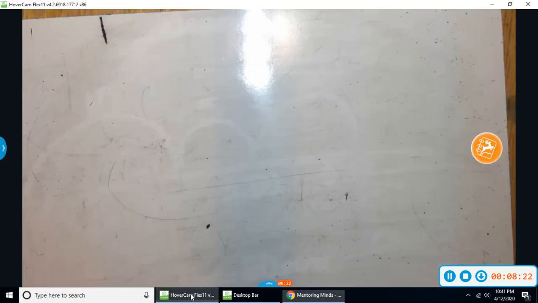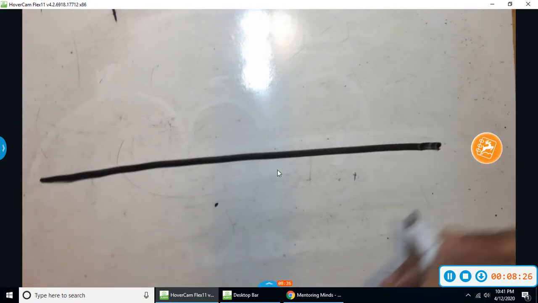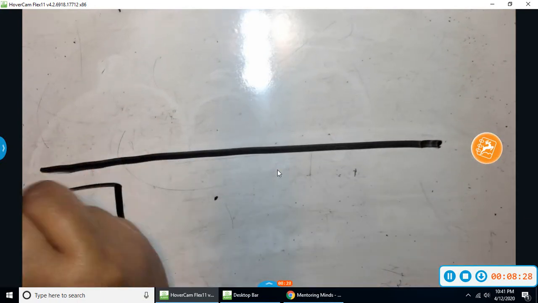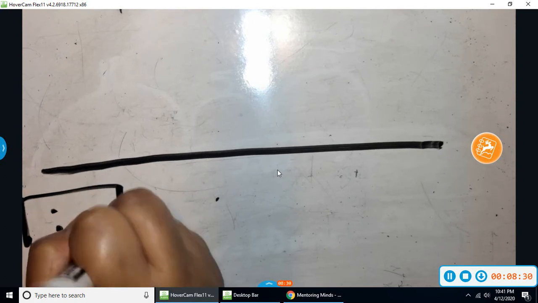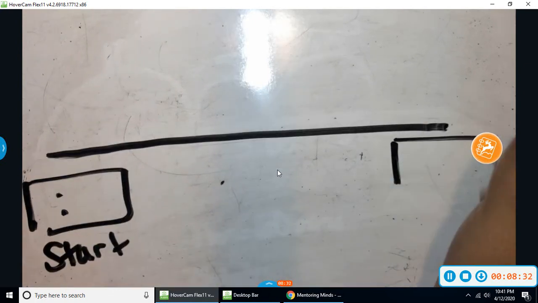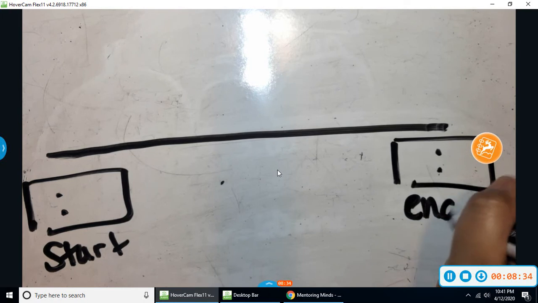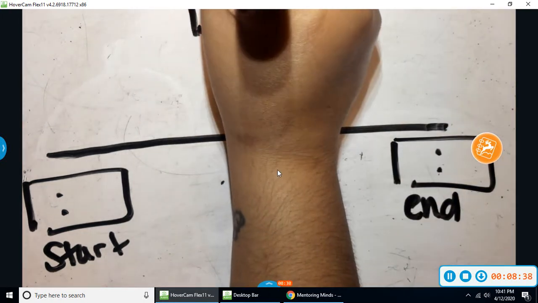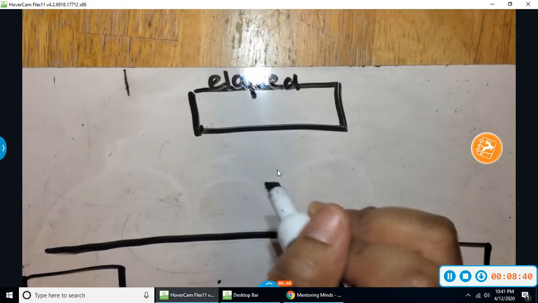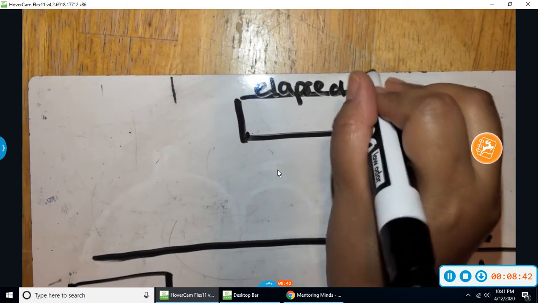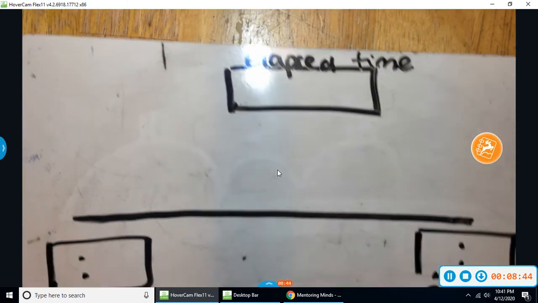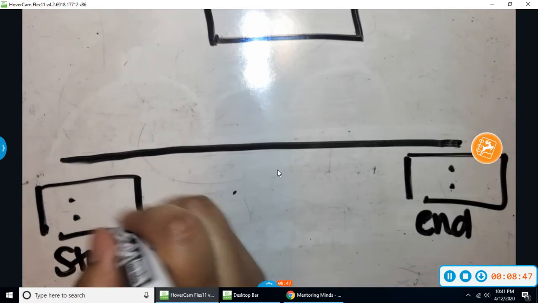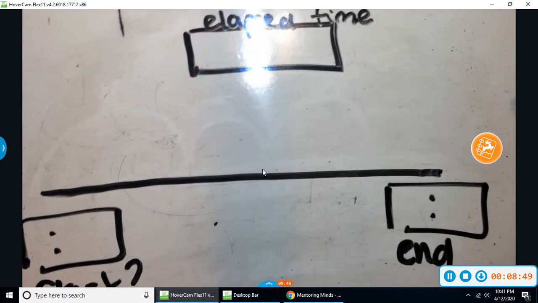So now we're doing the same thing, which doesn't change. This setup never changes. We have a start time, we have an end time, and we have how much time has passed, which we call our elapsed time. Okay, so in this case we're going to determine our start time.